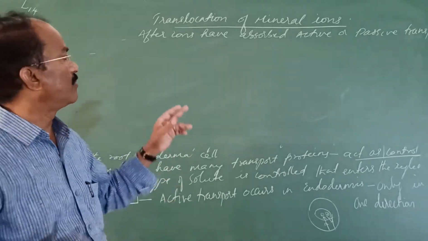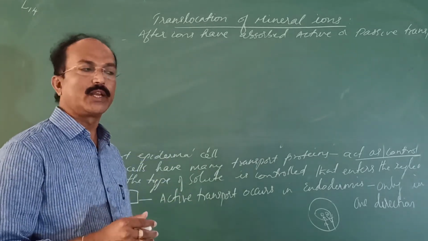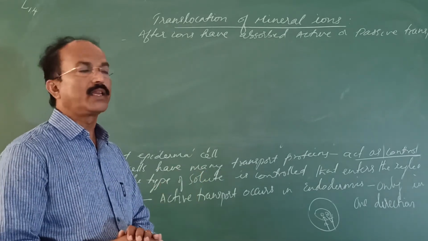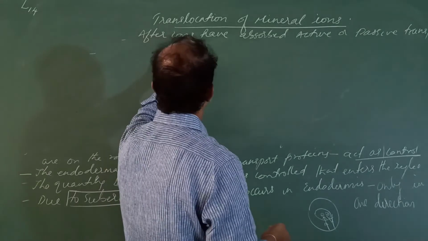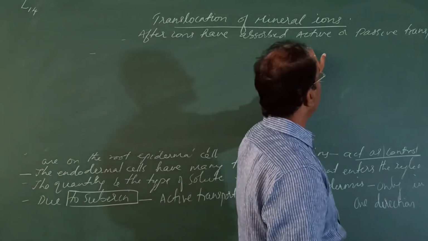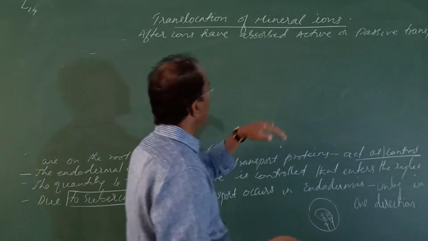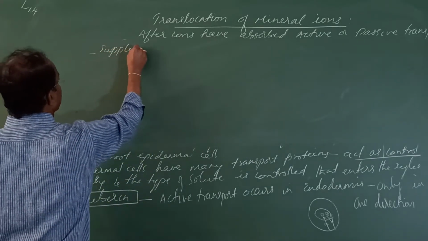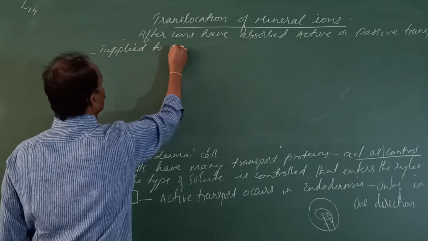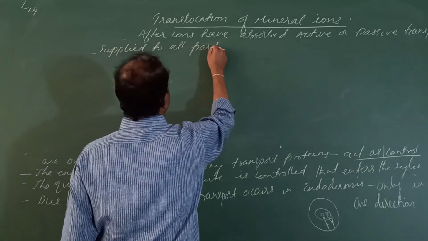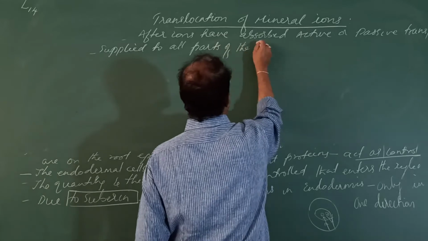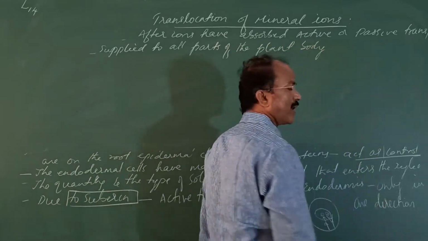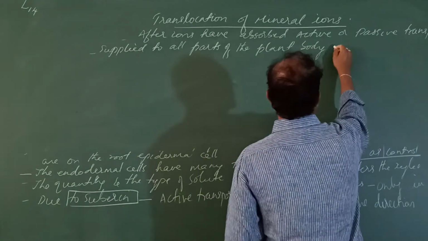They require these ions most, so that they can take part in their role easily. So after absorption by active or passive transport, the ions are supplied to all parts of the plant body by the transpiration stream.